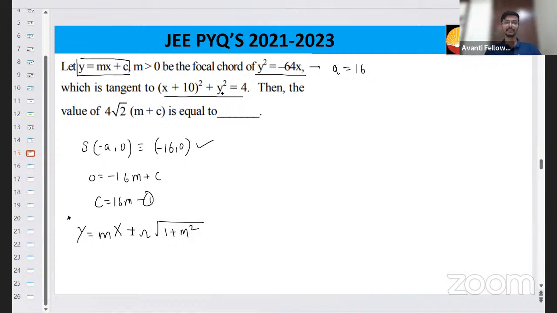So in place of y, we have y only, so I can write y equals m, in place of x, we have x plus 10, plus or minus r. The radius is 2, see, this is 4. So the radius is 2, plus minus 2 under root of 1 plus m square. Right?